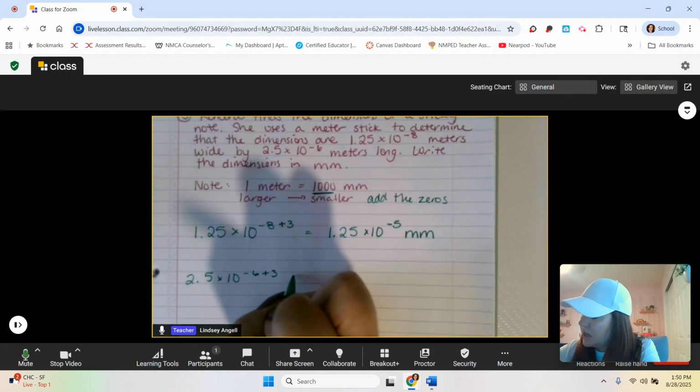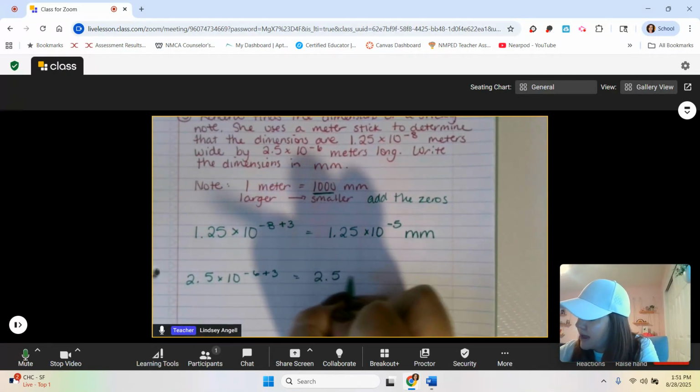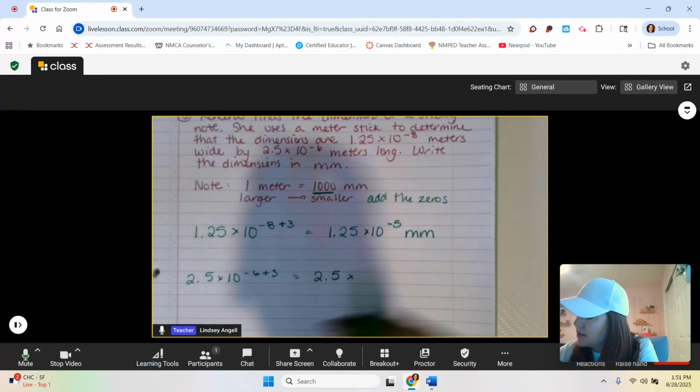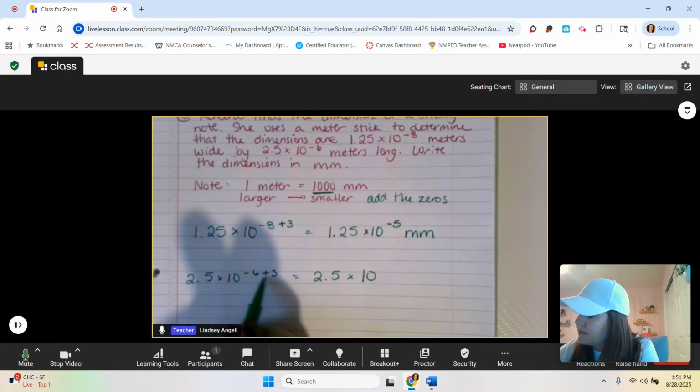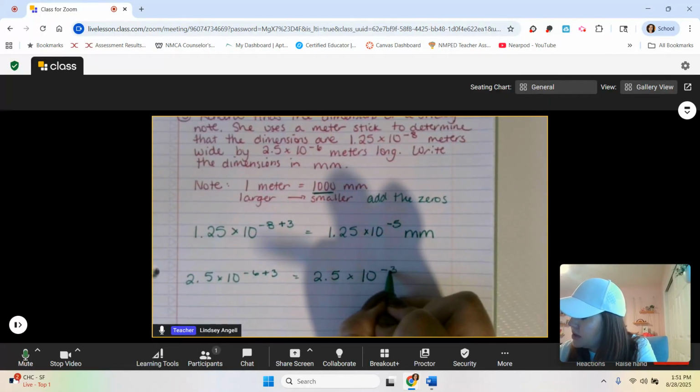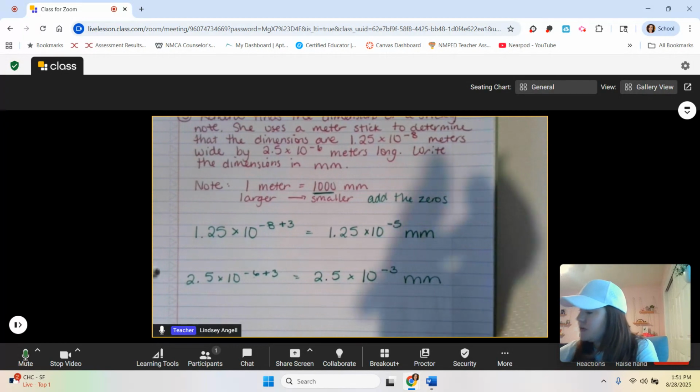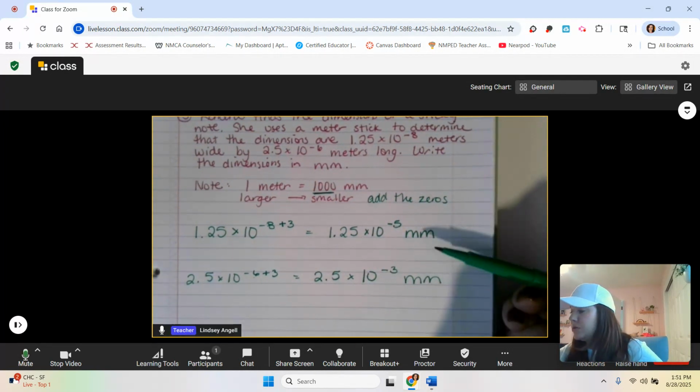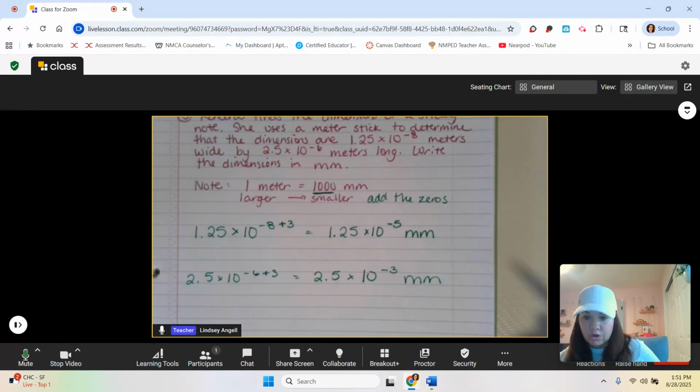And then same thing here, 2.5 times 10, and negative 6 plus 3 equals negative 3, and again those are millimeters. So those would be your two new values.